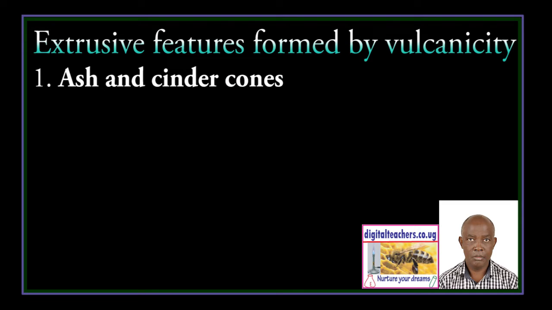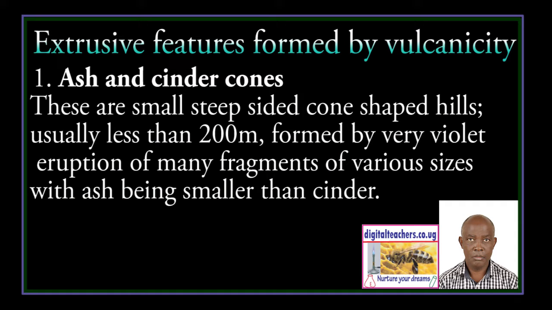1. Ash and cinder cones. These are small, steep-sided cone-shaped hills, usually less than 200 meters, formed by very violent eruption of many fragments of various sizes, with ash being smaller than cinder.